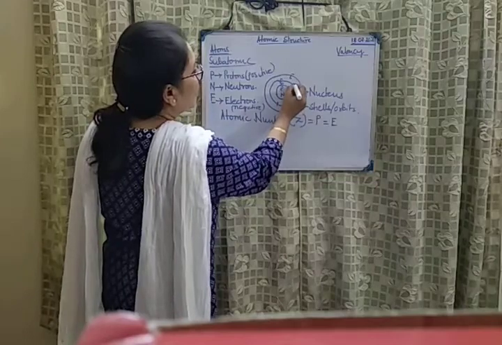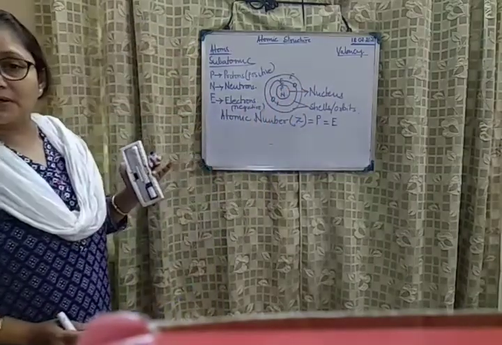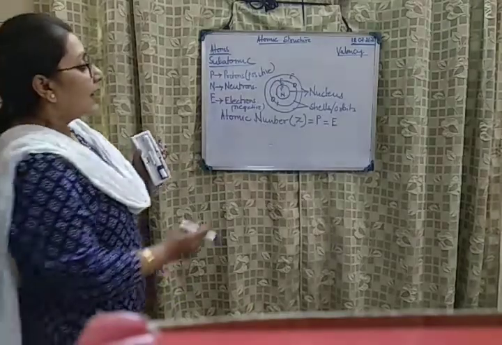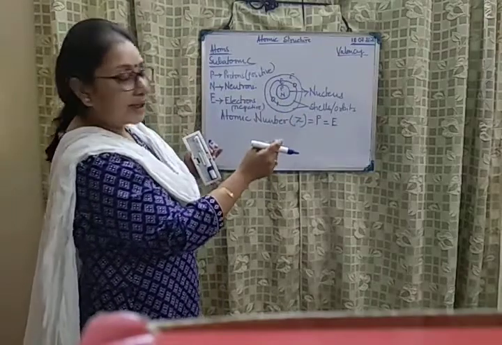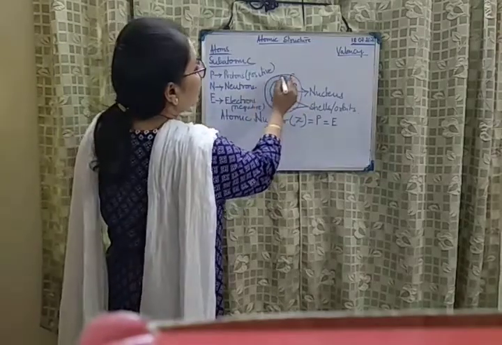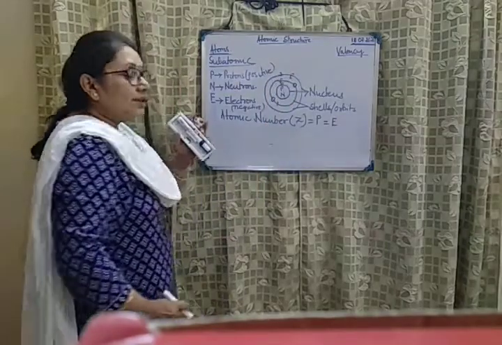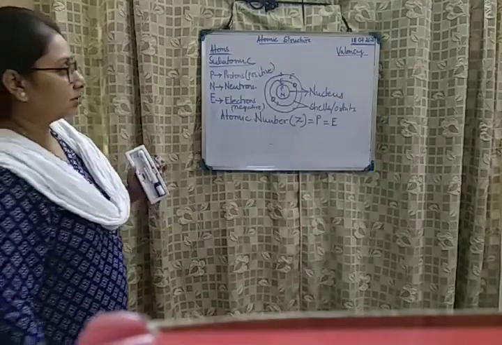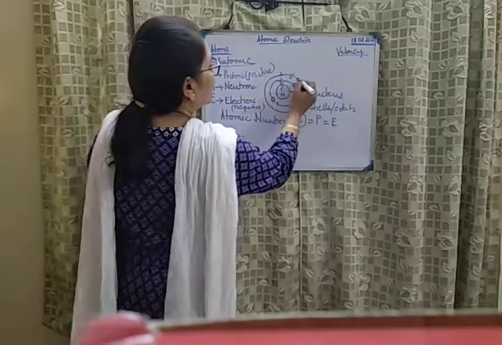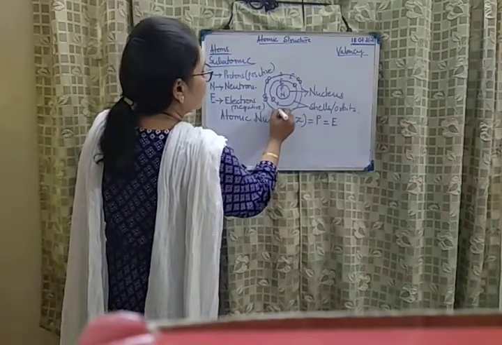So if you draw the electrons like this, you will find a maximum of 2 electrons can be present in the first shell. After that, if more than 2 electrons are there, they will move on to the second shell. This shell number 2 can hold a maximum of 8 electrons. We can represent this as 1, 2, 3, 4, 5, 6, 7, 8.